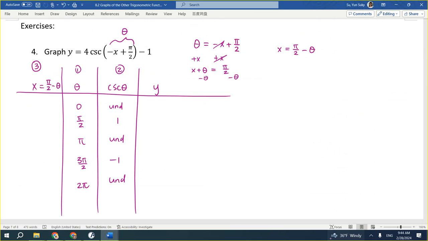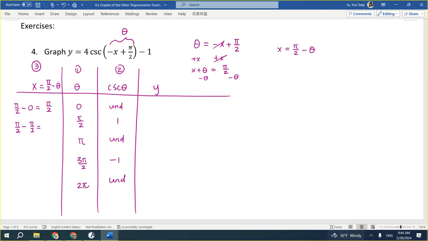Now we plug in the theta values. You see pi/2 minus theta? Theta is 0. What do you get? Pi/2. Yes, everybody? And next, pi/2 minus theta. The theta is pi/2.